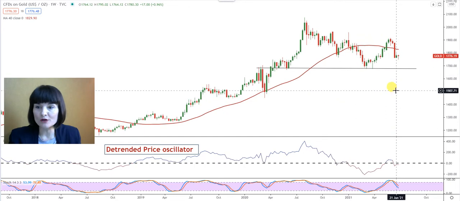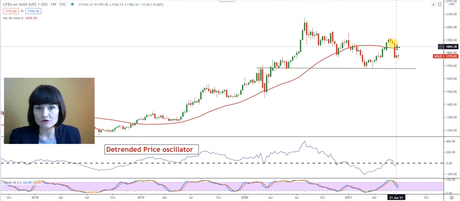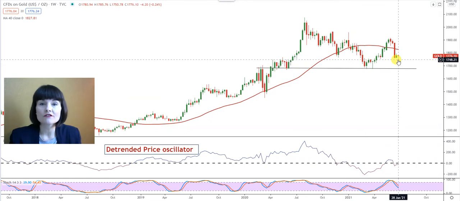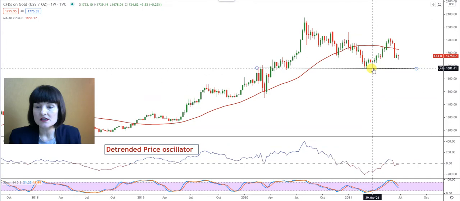So at the moment, we can see I've got an inverse cup and handle formation on my gold graph, which is a negative formation, because once that support, that is waiting at $1,678, starts to change into a resistance, the warning and the negativity around that inverse cup and handle will be confirmed.